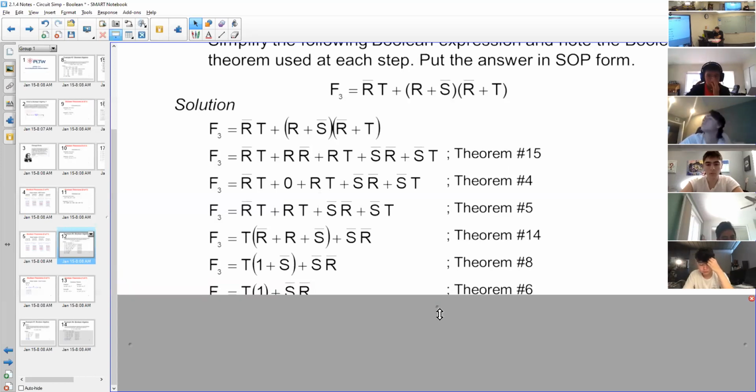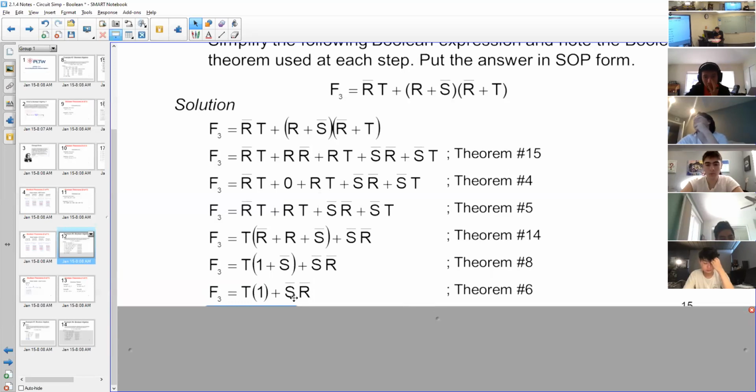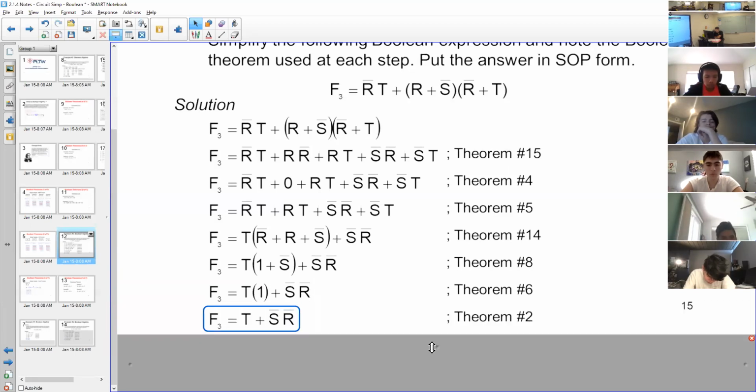If we've got a 1 added to something, it just becomes a 1. So we can simplify that down. Now we can go to 2, right? Because a 1 times anything is just that thing. So we end up simplifying this one down to t plus not S not R. Questions on that example?